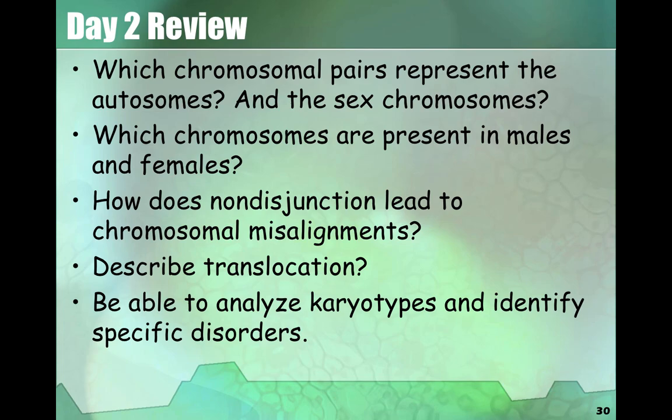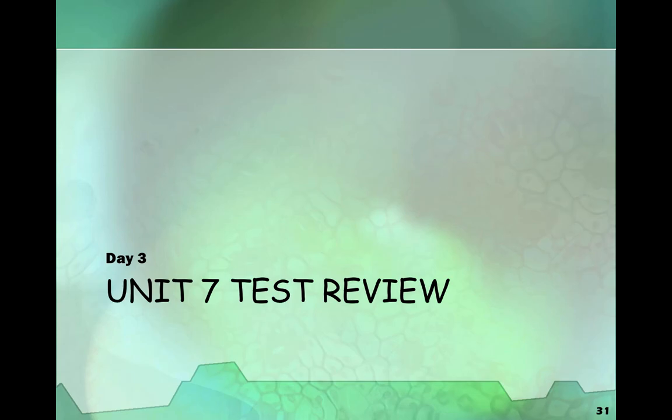Remember, that happens during anaphase 2 of meiosis. Don't forget knowing an autosome from a sex chromosome, knowing how to identify an individual as male or female, and then, of course, know the 5 misalignments and be able to accurately articulate those 5 misalignments. And that's it for Unit 7.